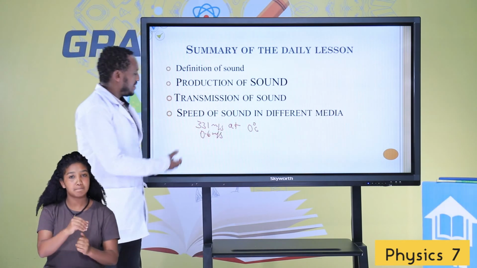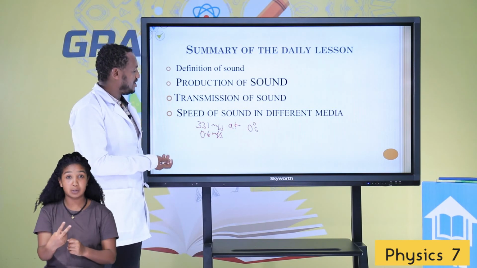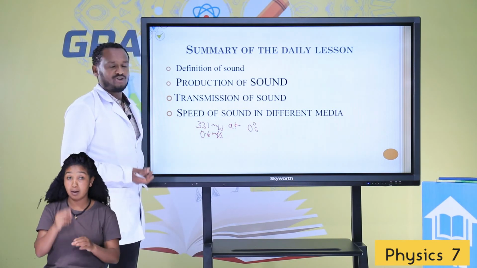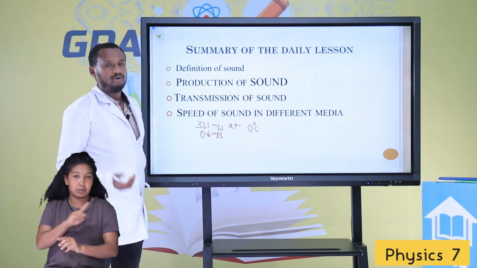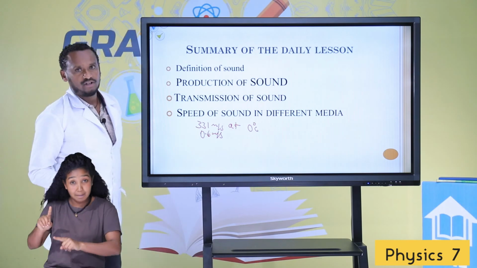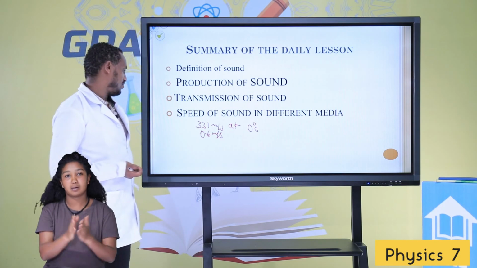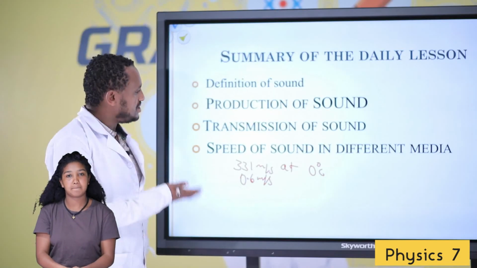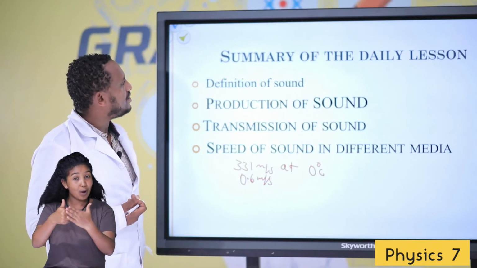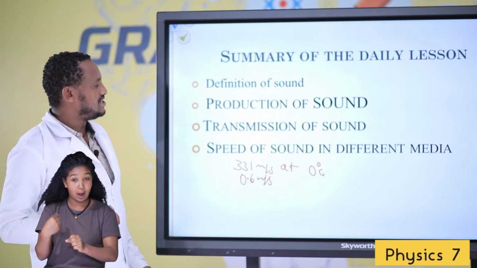And the speed of sound in liquid and solid does not depend on the temperature, but it depends on the substance, the particles of the substance. This is all about the summary of our daily lesson.